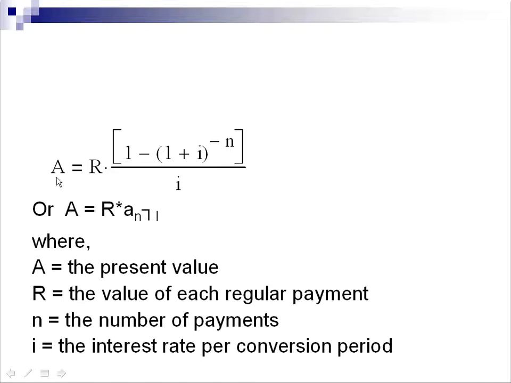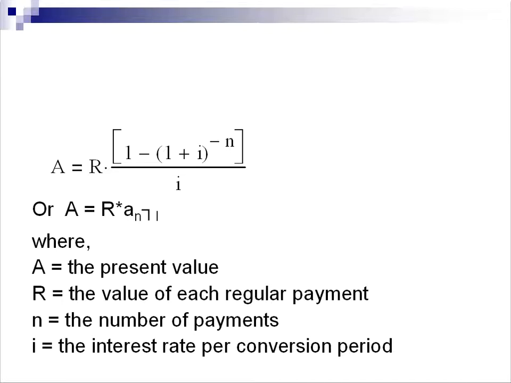Now notice, by the way, that the P changed to an A, and that is because our book's author prefers to use the variable A to represent the present value in this chapter. Okay, so A is going to represent the present value. R represents the value of each regular payment. N represents the number of payments. And I represents the interest rate per conversion period.